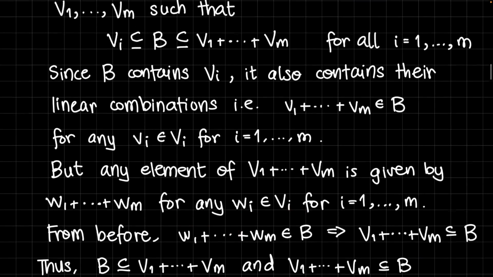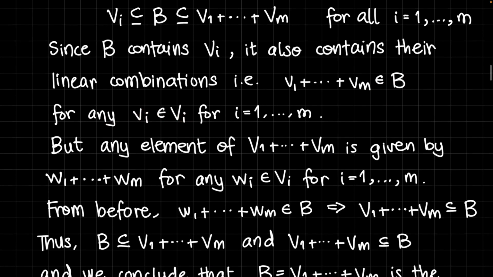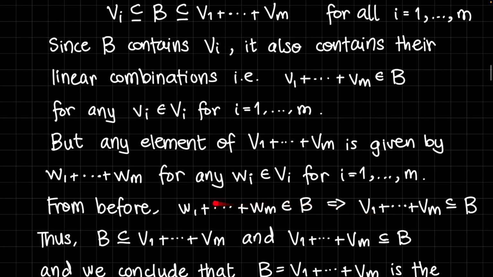So from before, we know that this w1 through wm is in B, because any vector in B was given by taking each vector in each of those subspaces and adding them up. So from that we see that this w1 plus dot dot dot plus wm belongs to B because each wi belongs to Vi.